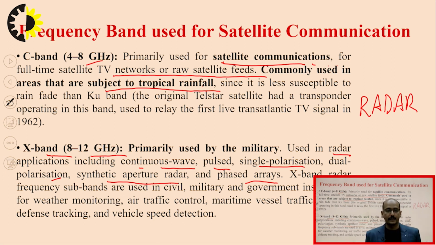Radar is a unit in which electromagnetic waves are created by a transmitter and go towards an object. They hit the object and reflect back from that object towards the radar again.